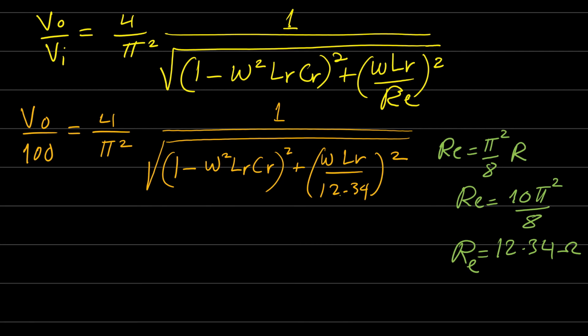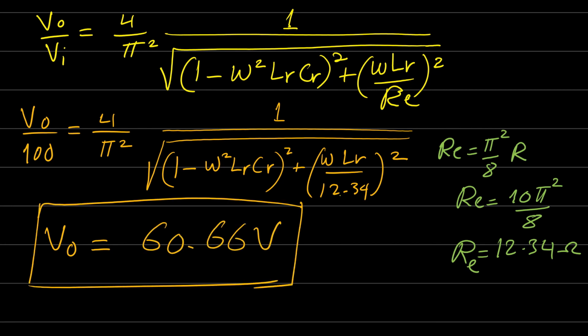Let me calculate it. So the output voltage after calculations is 60.66 volts. This is the output voltage when operating at 120 kilohertz.